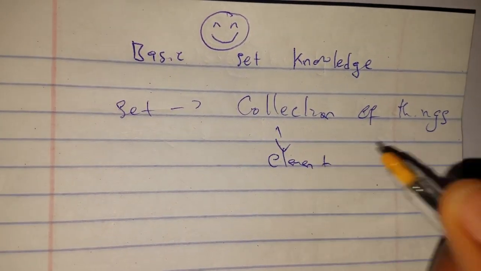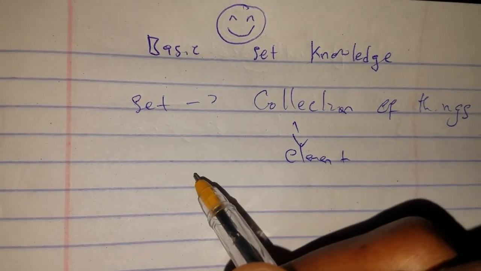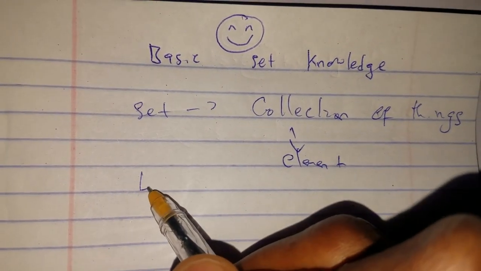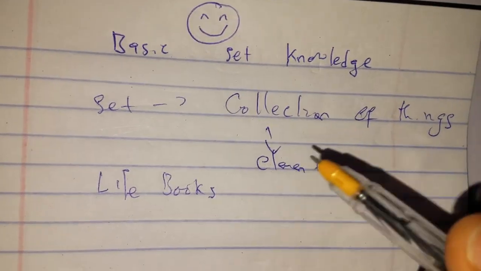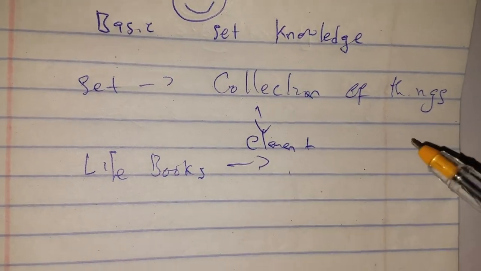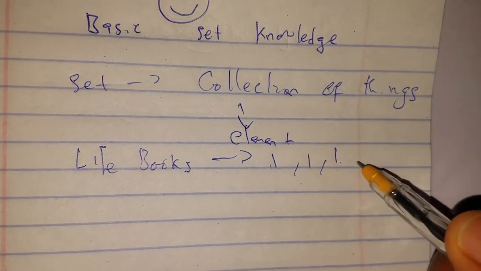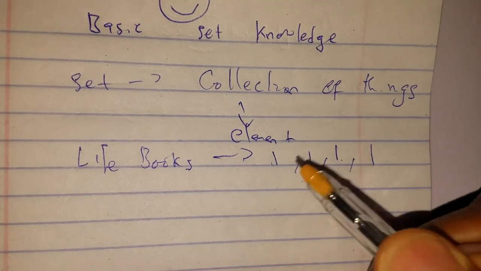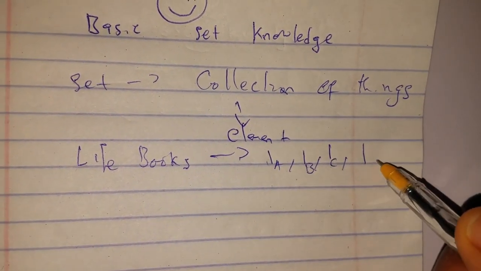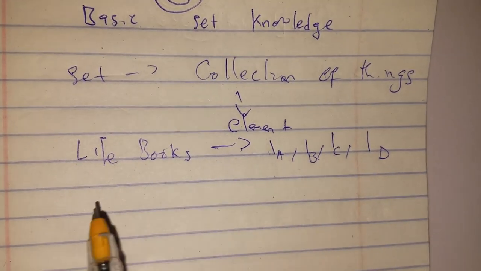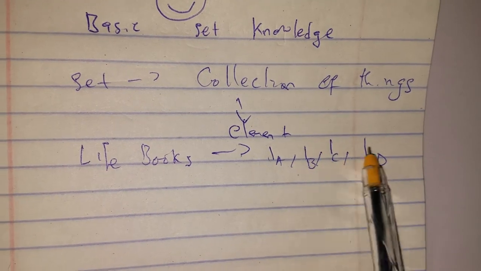Let me explain more. For example, many of us have life books at home, books about life, and you have several of them. You might have one, another one, another one, and another one. Let me just write these alphabets under to differentiate. Now these life books are the collection.